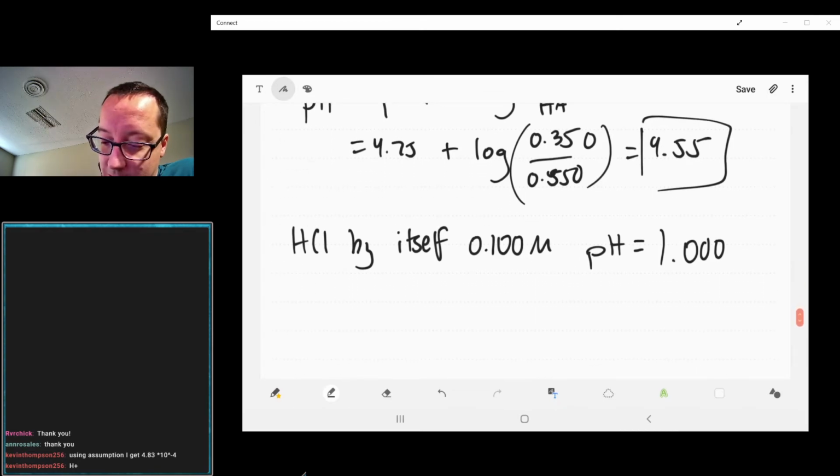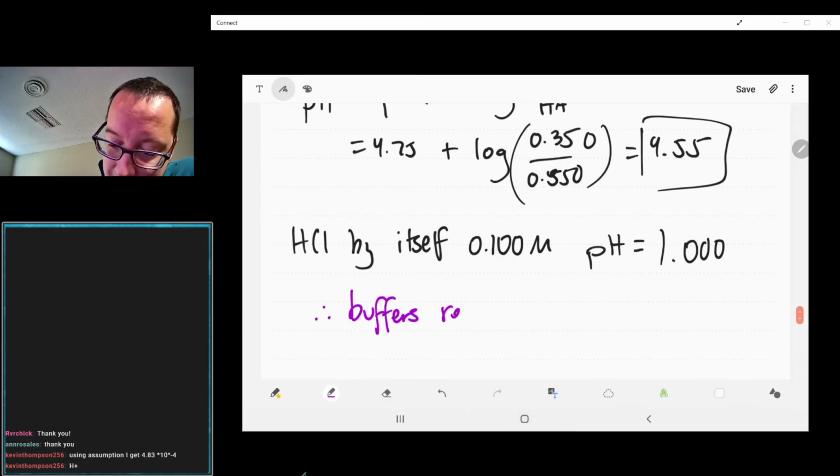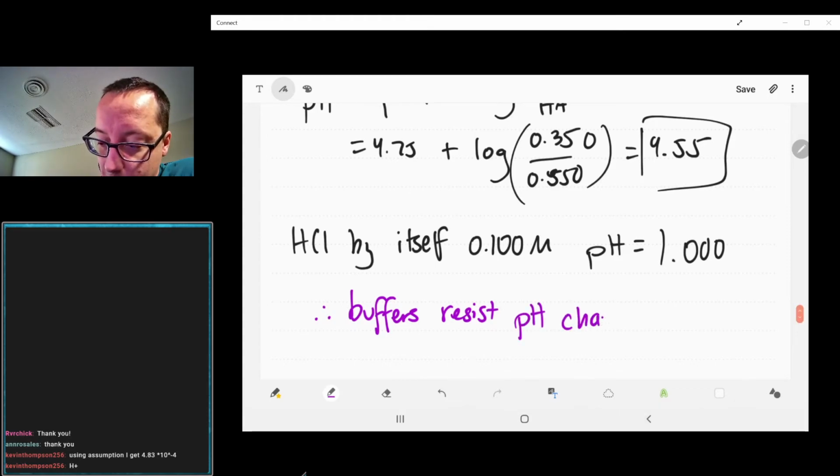So, again, the point here, buffers resist pH change. That's the whole idea here. So even chucking in a whole bunch of a strong acid, we didn't really change our pH. It's very close to what it used to be.